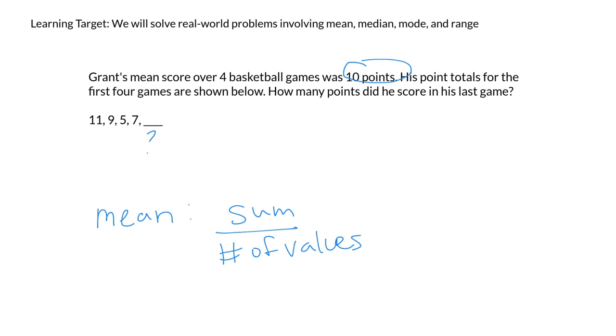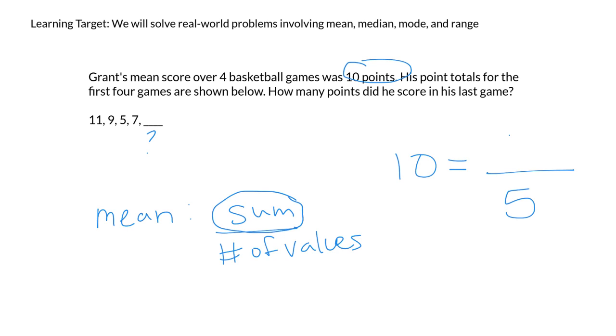Sorry, that got a little messy there. Now, if we know our mean is equal to 10, we can use that with our number of values, 5, and think backwards: what divided by 5 gives us 10? Then we can use that number to figure out the missing piece of our sum.